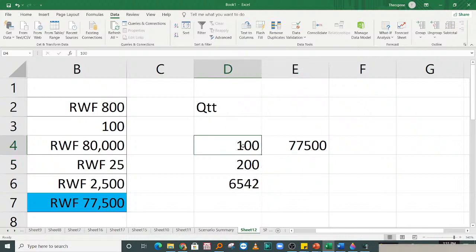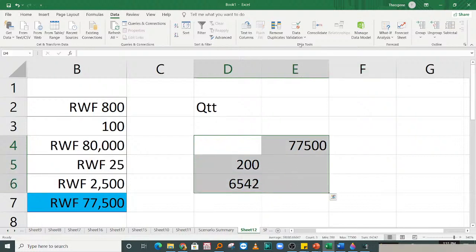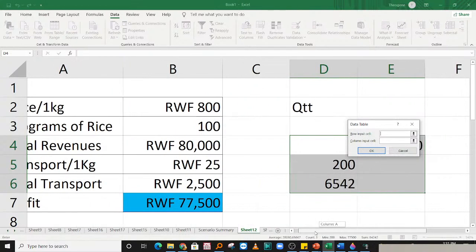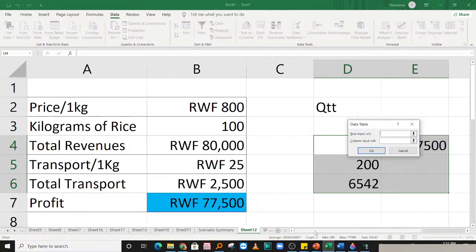Let's use this. So if I go to this, what if function, data table, okay, row input cell would be this one, and the column input would be this 100.